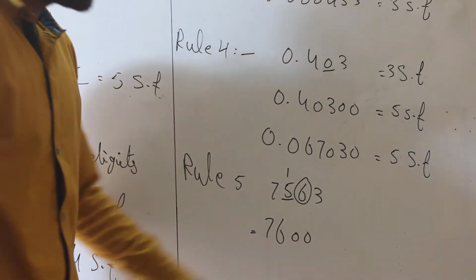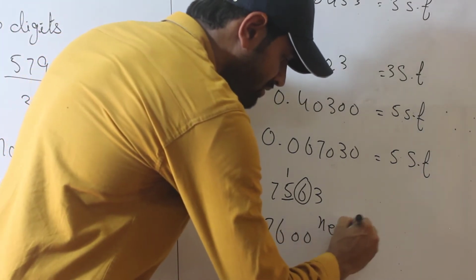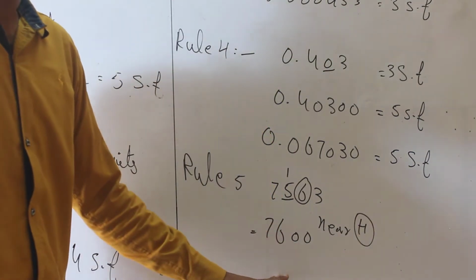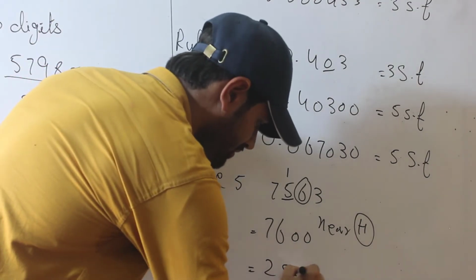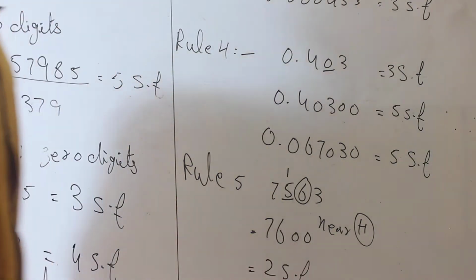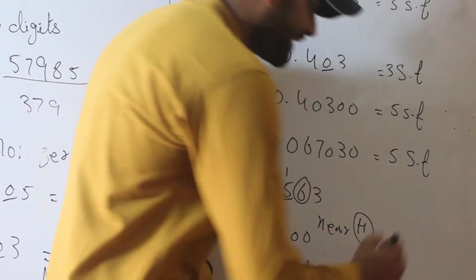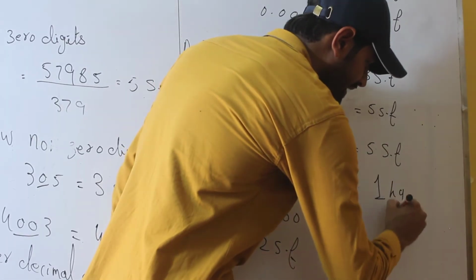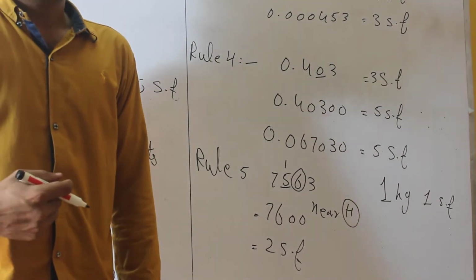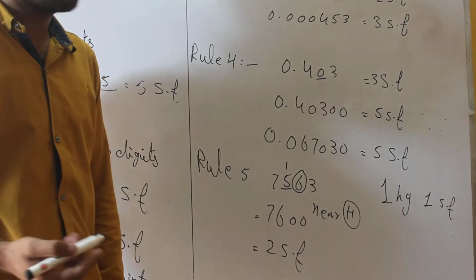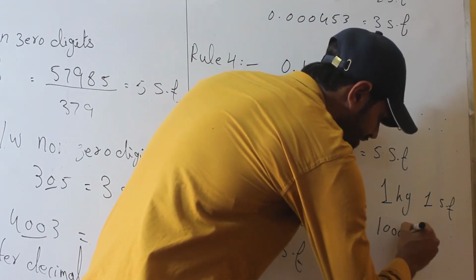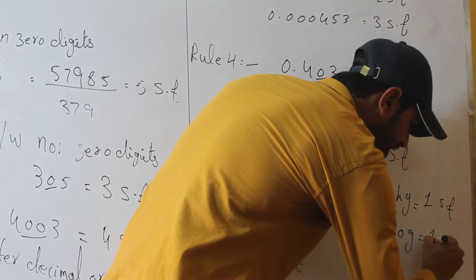Now this is nearest 100. So this has 2 significant figures, because we make the last digits 0 to round off to the nearest 100. One main basic thing is, if I take 1 kg, it is 1 significant figure. When I change its scale and convert into grams, 1 kg contains 1000 grams, so it also remains 1 significant figure.